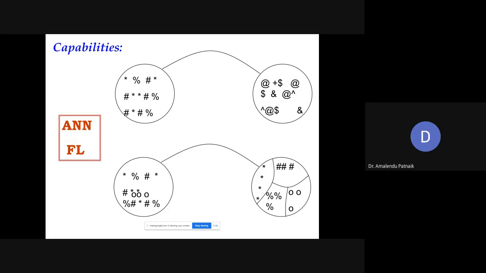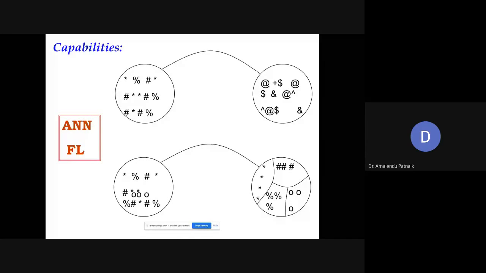Then these ANN and fuzzy logic techniques can be used to form a mapping between these two data sets. In mathematics, we call it a function mapping type of problem. So function mapping type of problems can be solved with the help of these meta-heuristics.